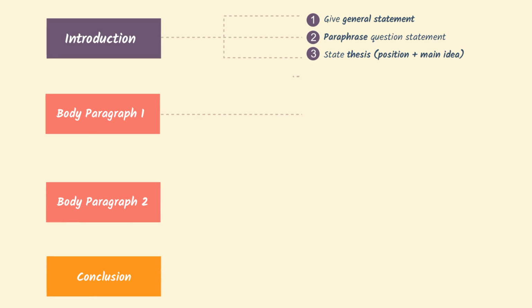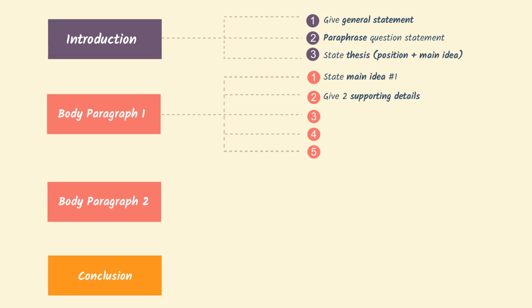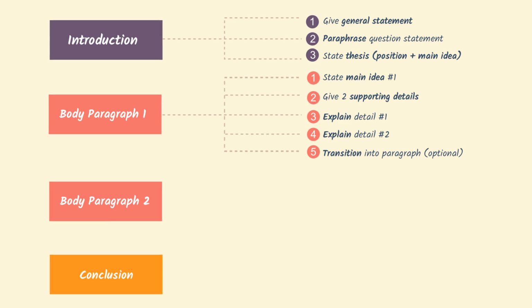All right. In body paragraph 1, you state your first main idea, and then you give 2 supporting details. Then you explain your first detail, and then you explain your second detail, and transition into the next paragraph, which is optional.